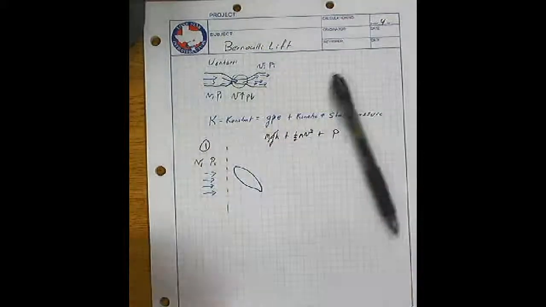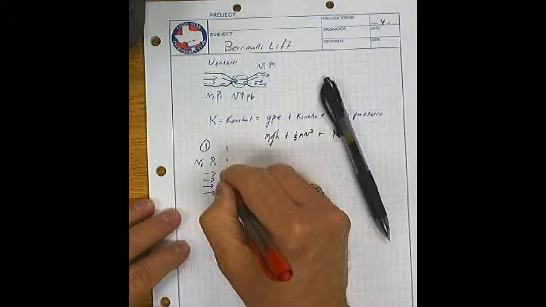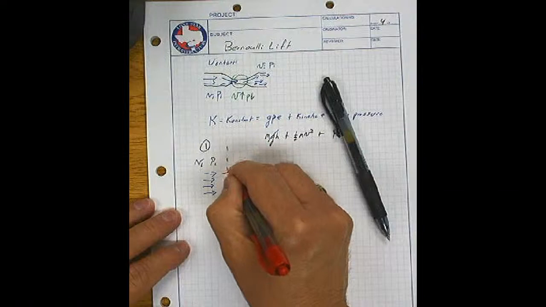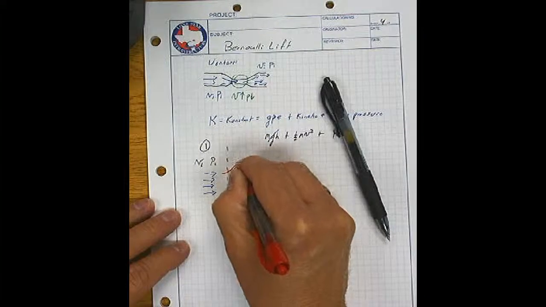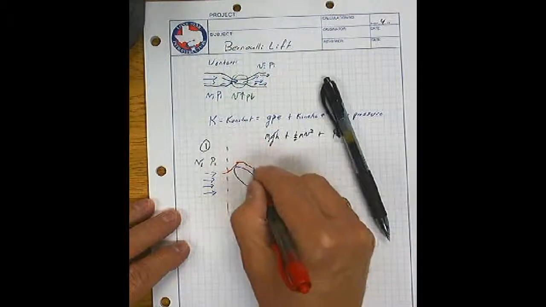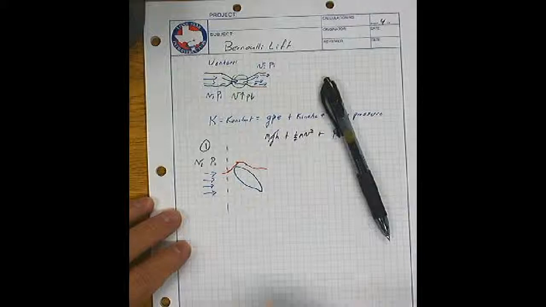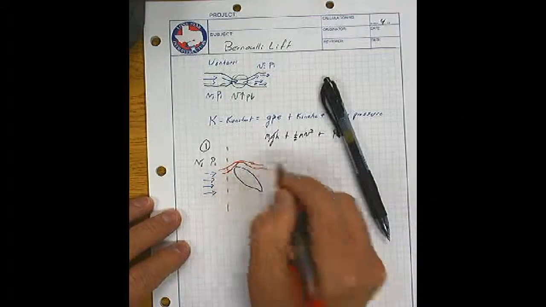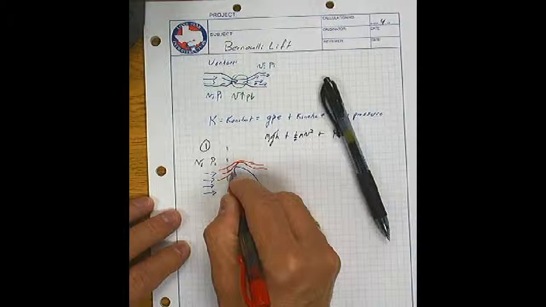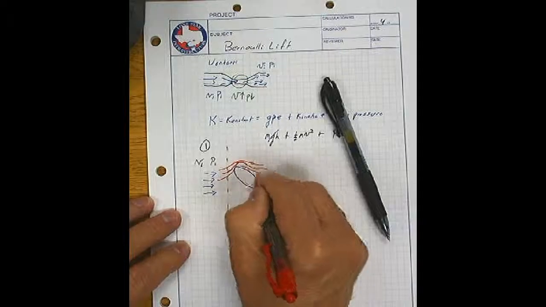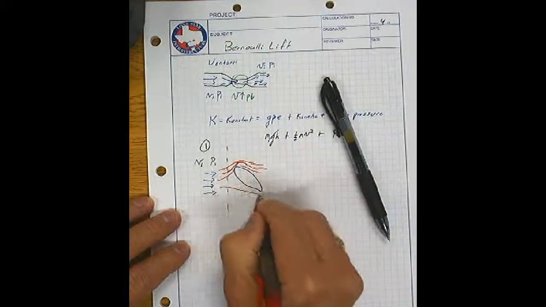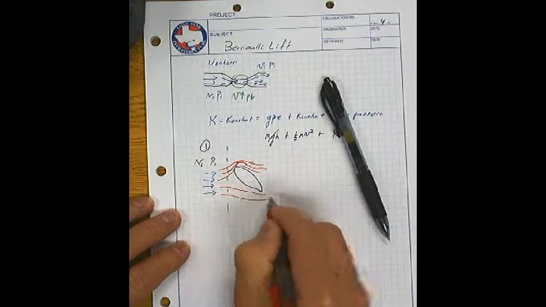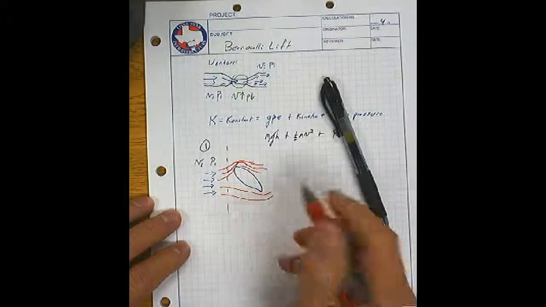As the air approaches the airfoil, and I'm probably drawing very poorly, some of it's got to go up and over, and it's going to make trail lines. And the really cool thing, people who do wind tunnel testing can do this with smoke, for example. Some of this air is going to compress up and over here, and it's going to come out here. Some of it's going to go this way, and it takes a slower path.